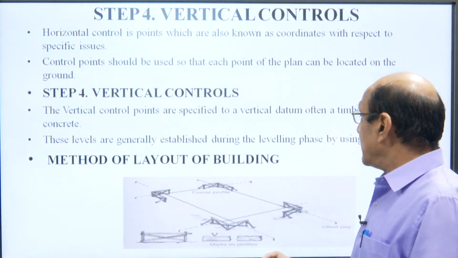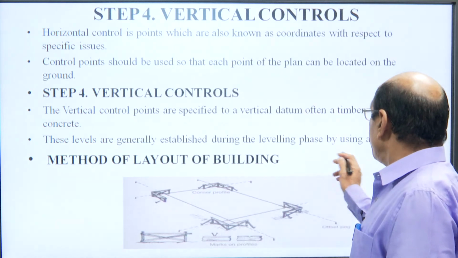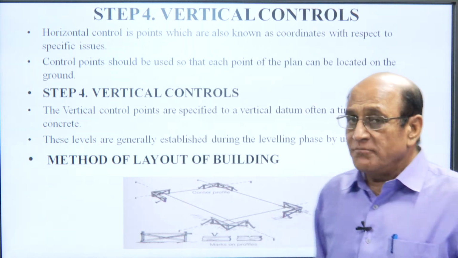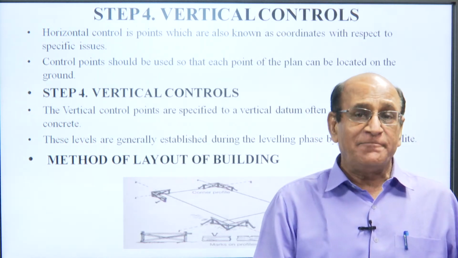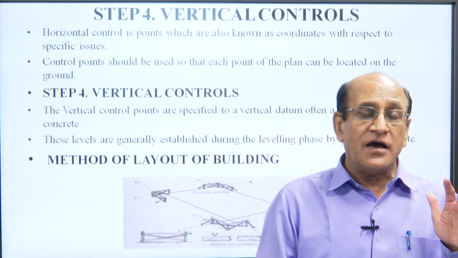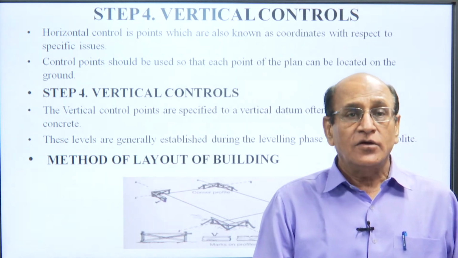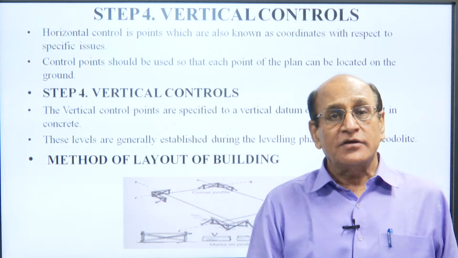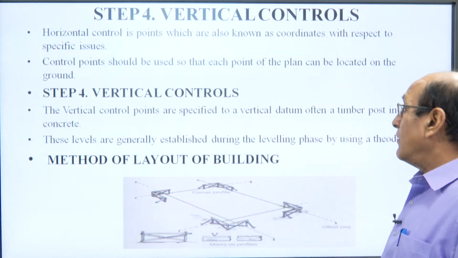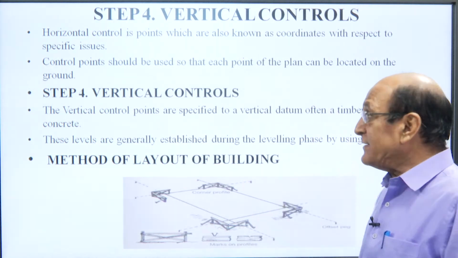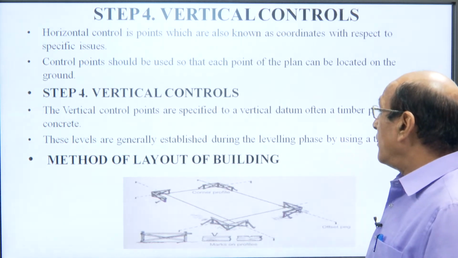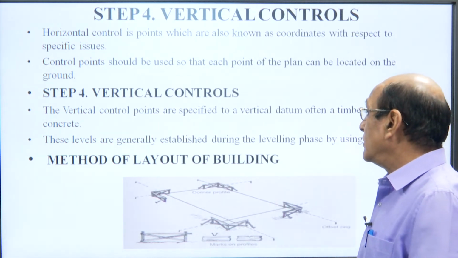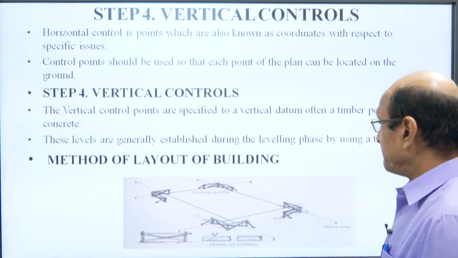These levels are generally established during the leveling phase by using a theodolite. It means you have to fix concrete pegs or wooden pegs over which we mark the vertical levels, and with respect to that the vertical controls are established.